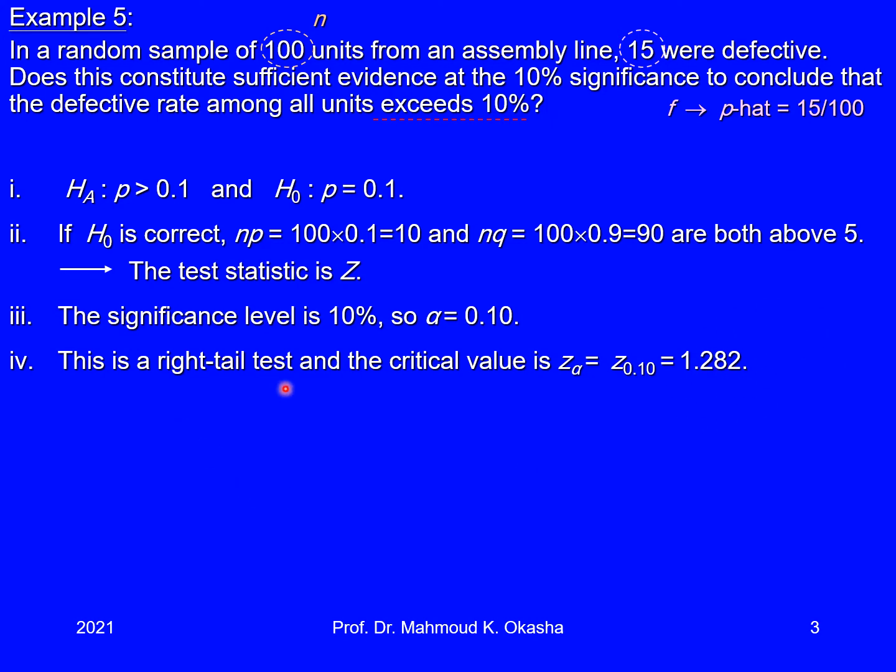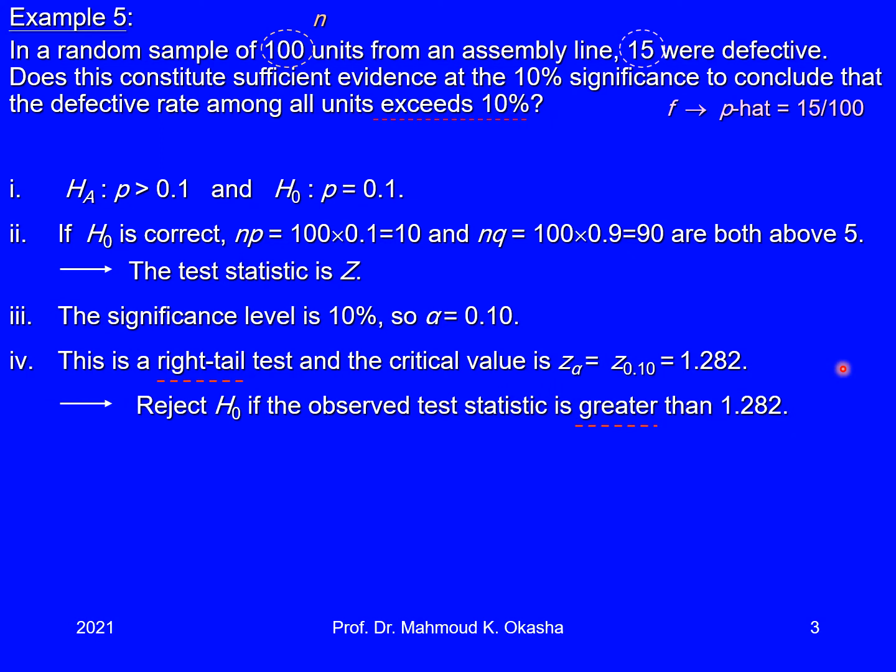Obtaining this value, we must then calculate the observed value of the test statistic. And we must reject H naught if the observed value of the test is greater than this point, because the rejection region, or the critical region, will be on the right-hand side.